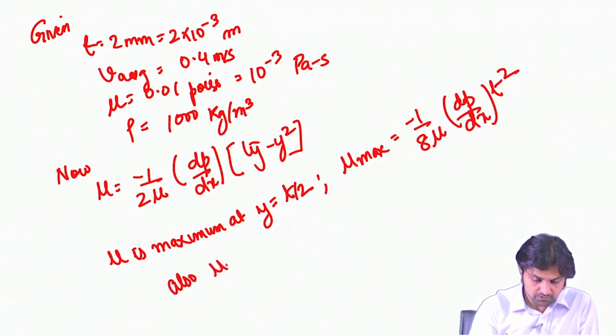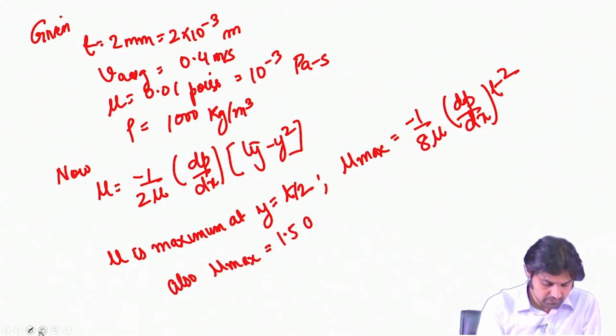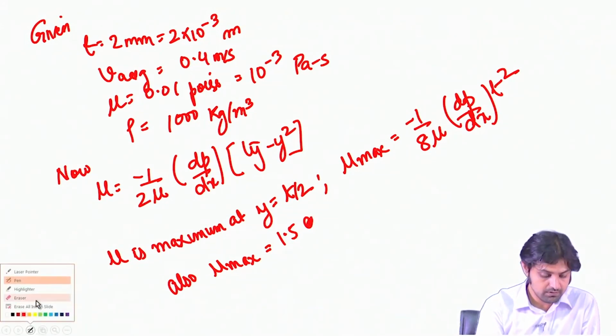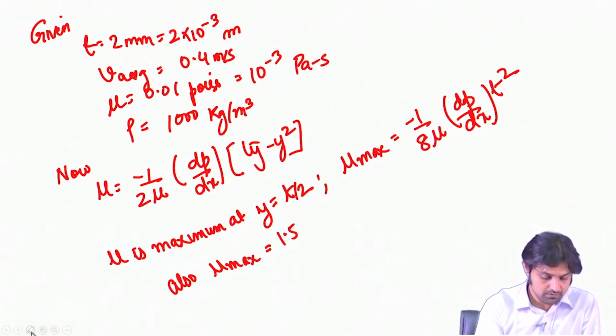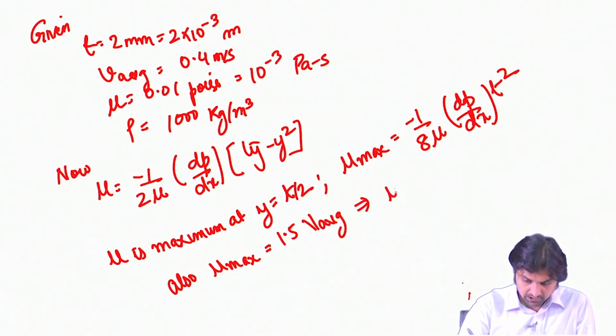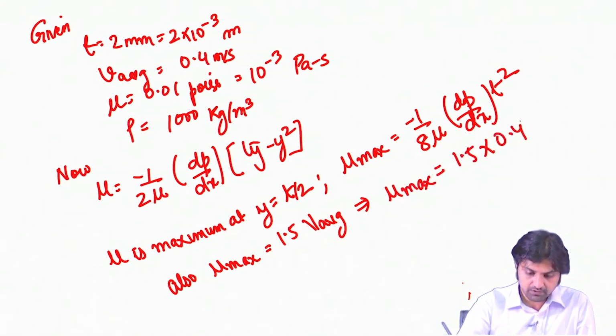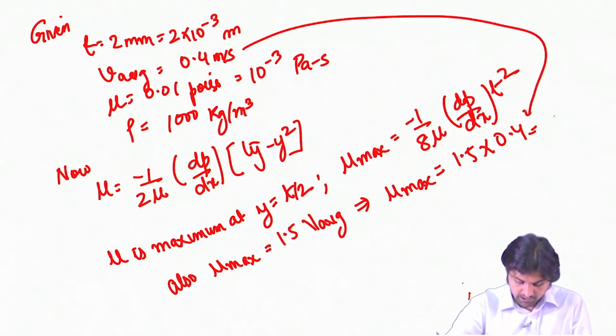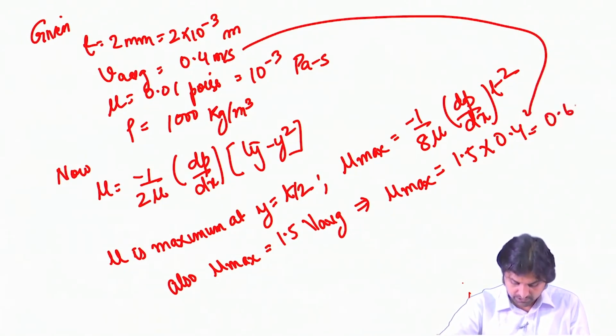Also, U max is equal to 1.5 V average. This implies that U max is equal to 1.5 into 0.4 from here, and that comes out to be 0.6 meters per second.